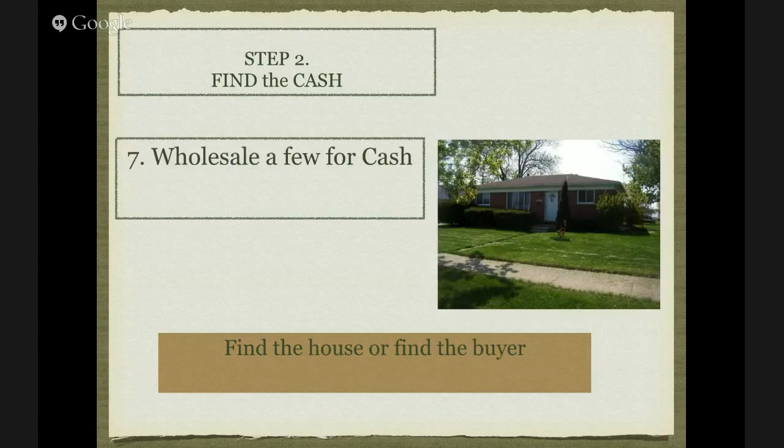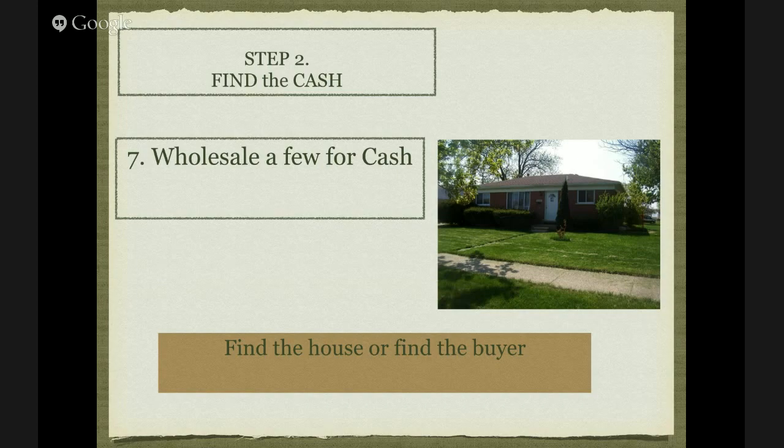Okay, the 7th way to find cash for your deal is to wholesale a few for cash. Now, you don't have to be an experienced wholesaler to do this. You either need to find the house by looking on Craigslist, doing mailings, which I've talked about in my previous trainings, or calling other wholesalers, and also you can do door knocking.